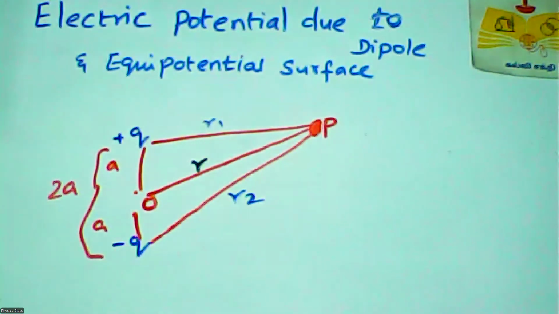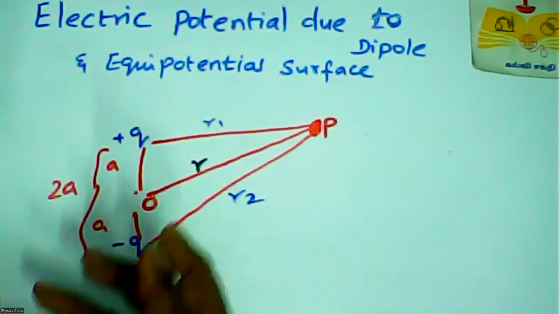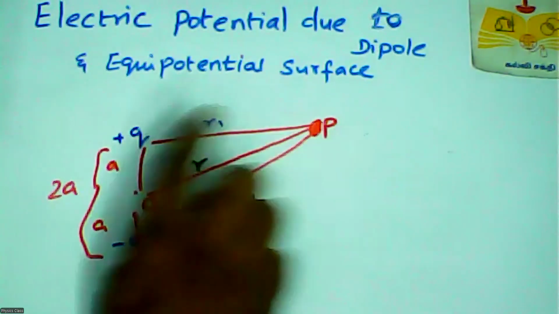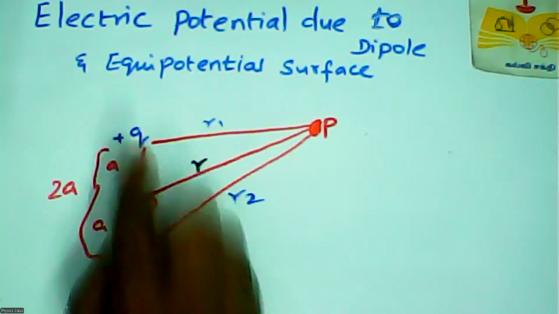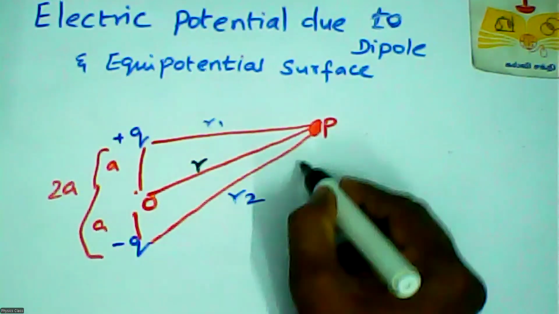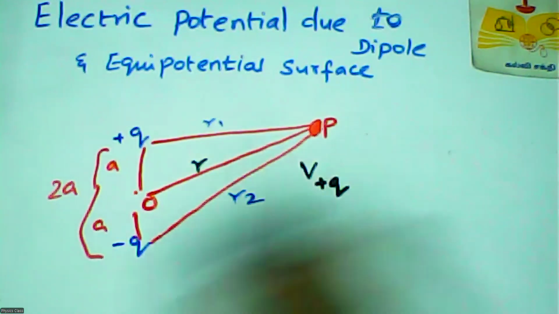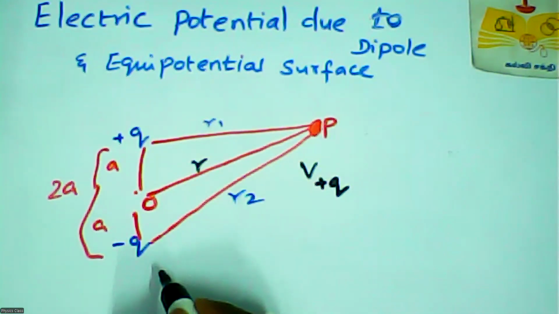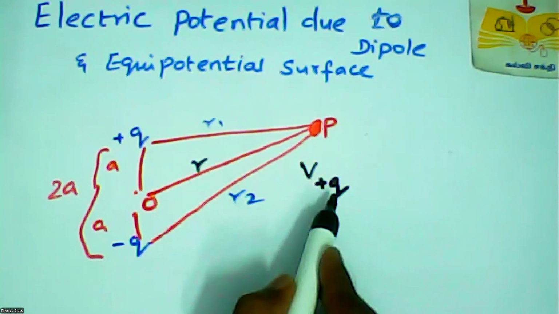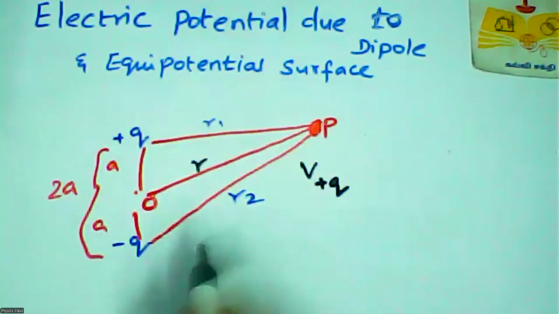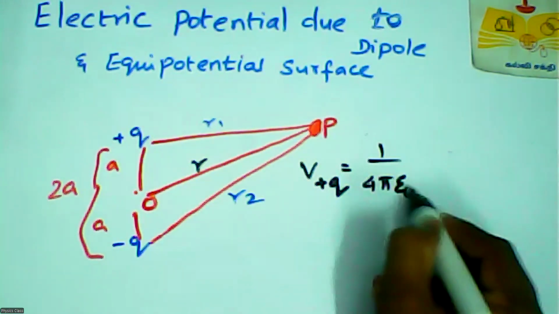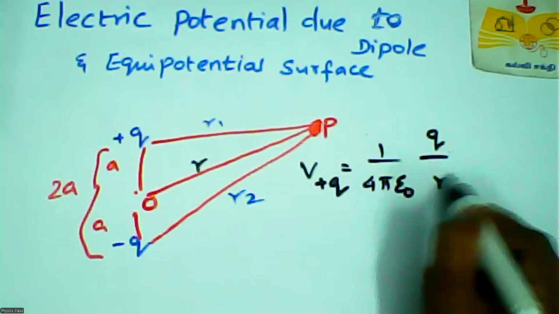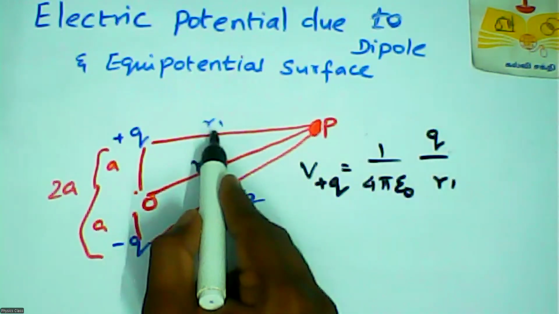So the potential at P due to the positive charge plus Q, we can write V plus Q. The formula is 1 by 4 pi epsilon naught Q by R1, because R1 is the distance.